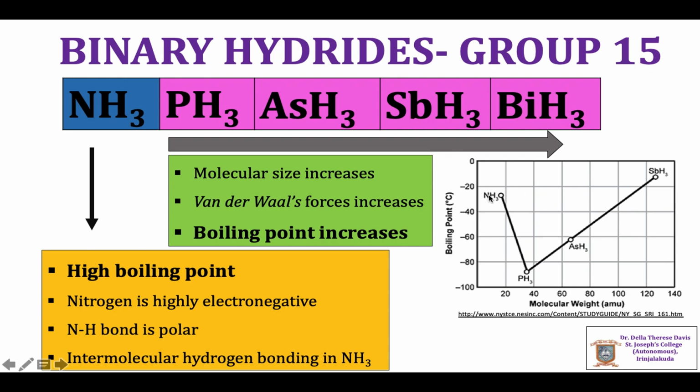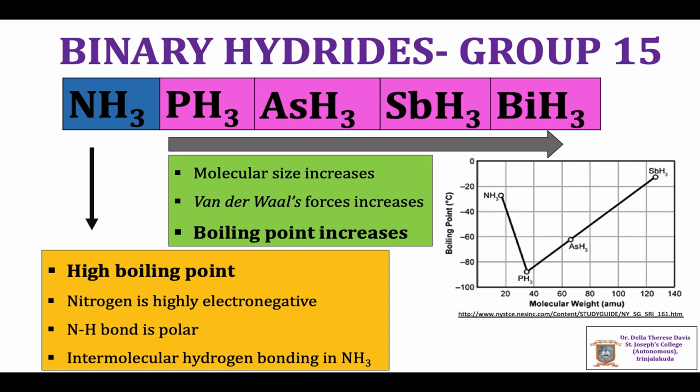From the graph, it is very clear that ammonia shows an anomalous high boiling point. This is because nitrogen is a highly electronegative atom. The electronegativity of nitrogen is 3 and that of hydrogen is 2.1. The difference between the electronegativity of nitrogen and hydrogen makes the NH bond polar.